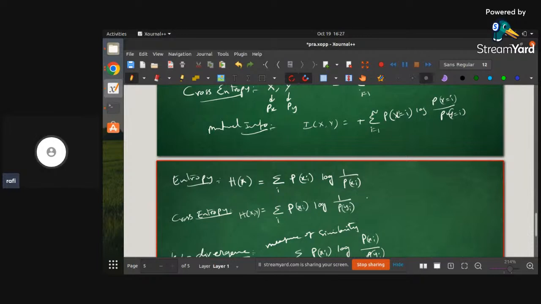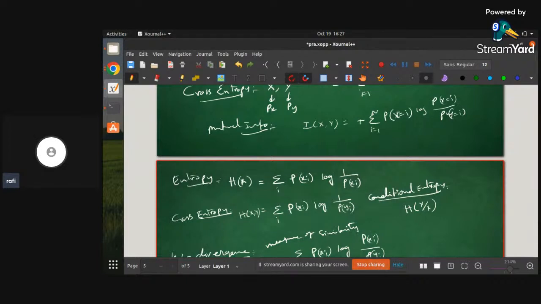There is one more thing called conditional entropy, which is given as H of Y given X. Given a random variable X, what is the information present in Y?